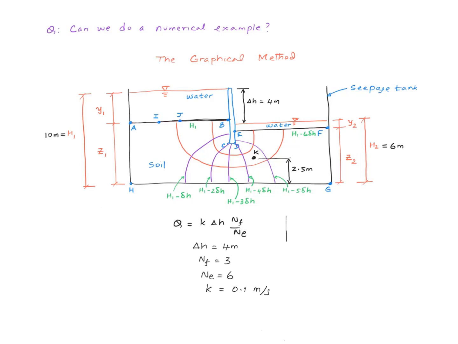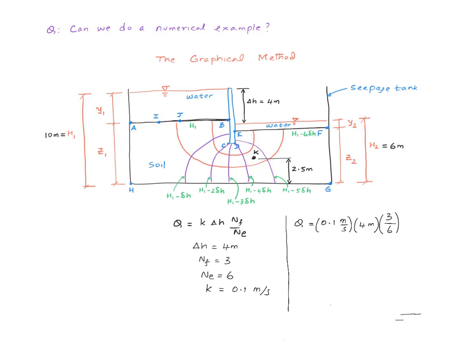So now we take these numbers and substitute in this equation to calculate the volume rate of water flow. So permeability is 0.1 meter per second. I'm going to keep the units in there, and then capital delta H is 4 meters. Nf is 3, and Nd is 6.